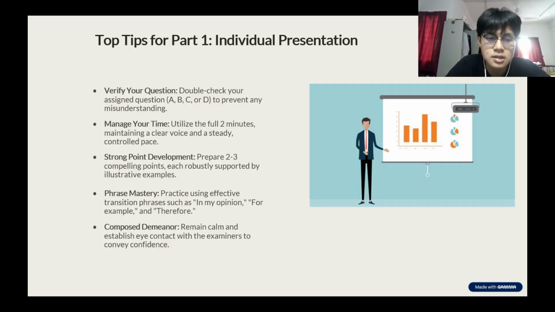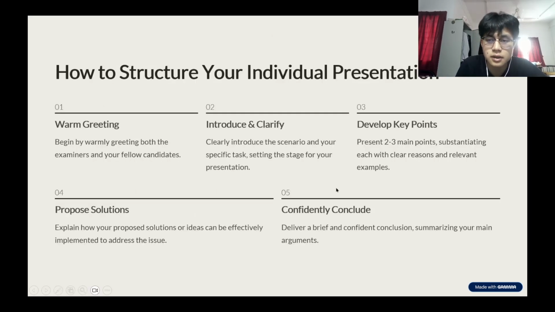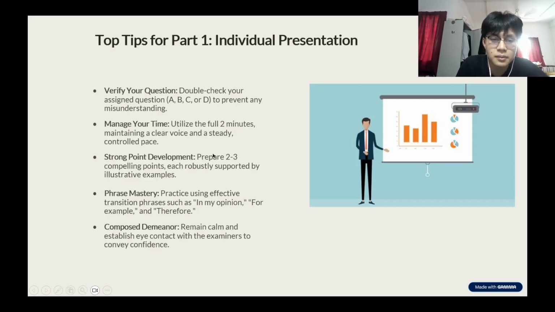Third is strong point development. Basically, you have to prepare, as I said before about developing key points. You have to implement it in this step. Make sure that you support your key points with some illustrative examples. Fourth is mastering your vocabulary.